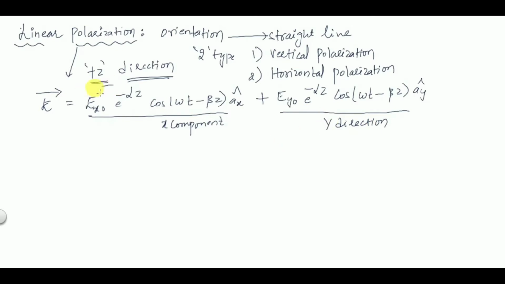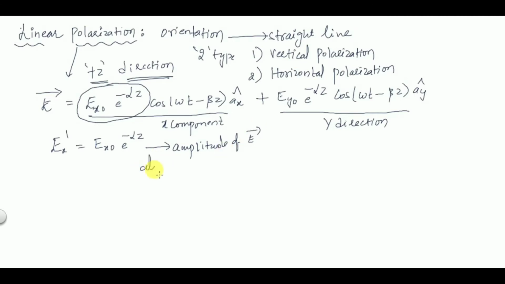This value, Ex naught into e power minus alpha z, I am considering as Ex dash. So Ex dash is equal to Ex naught into e power minus alpha z, and this is the amplitude of electric field intensity along the x direction.